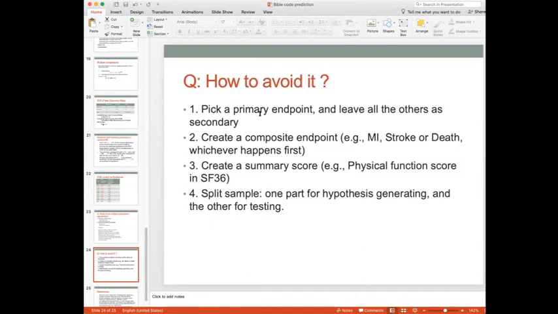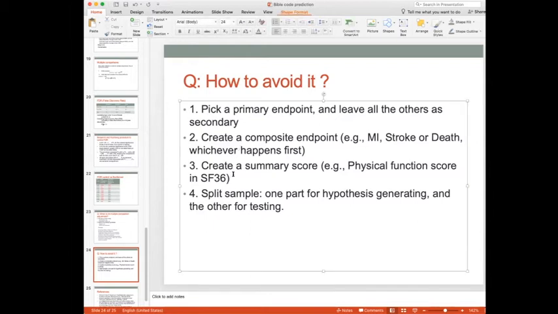In this way, you only have one hypothesis, then you don't have multiple comparison. The second one is create composite endpoints. For example, you want to consider MI, stroke, or death simultaneously. What you can do is create a composite endpoint, which is whichever happened first as the endpoint. So you combine all of them as a composite endpoint.